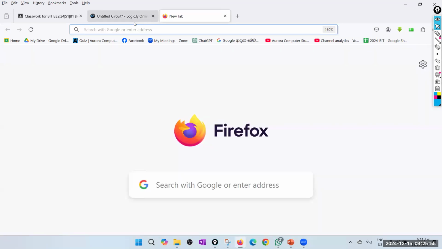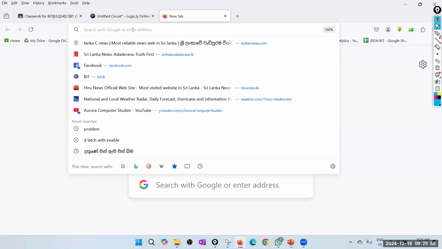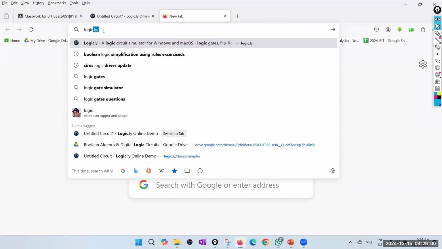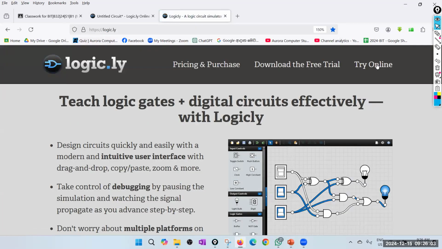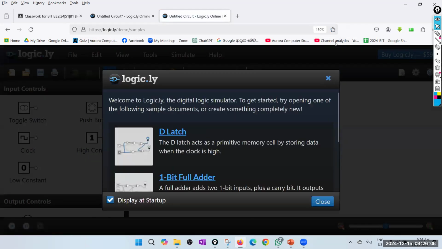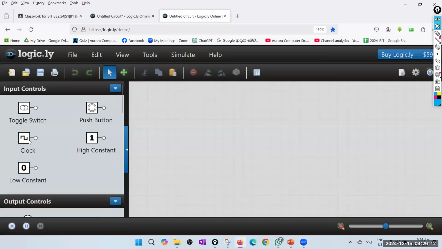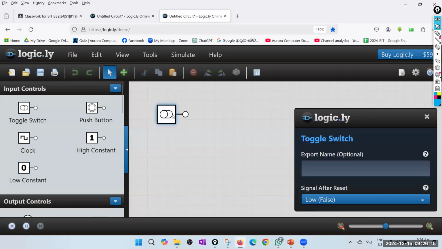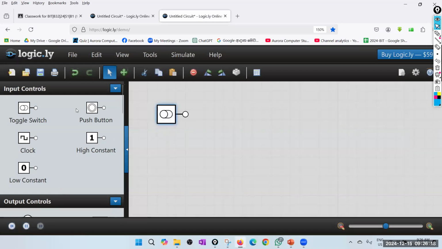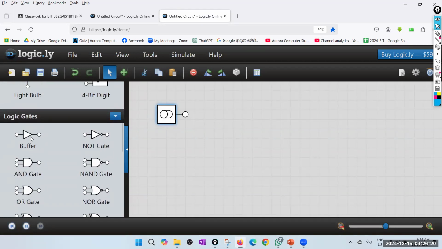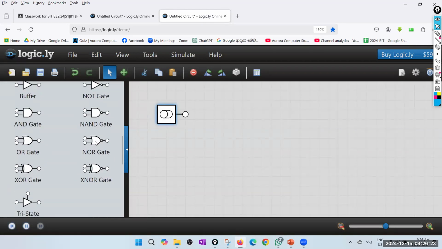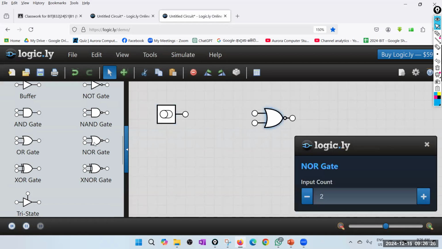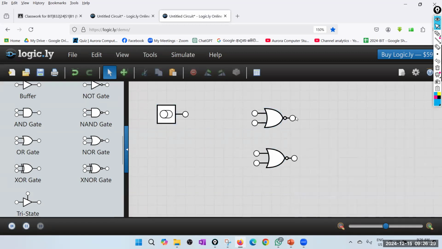I will use a different tab. Of course, D latch you can create straight away also, but I will build it by myself. Just one input now. And of course, you have the two NOR gates. And you need a NOT gate.